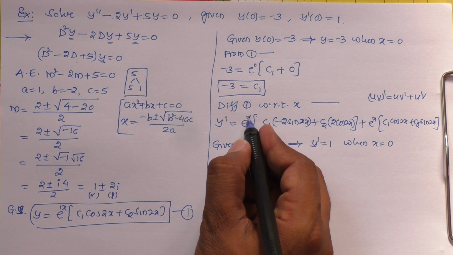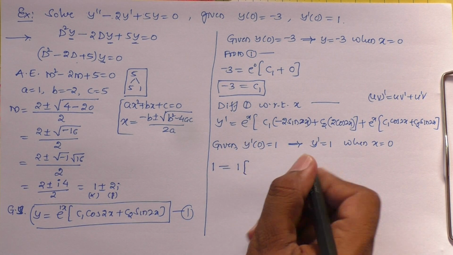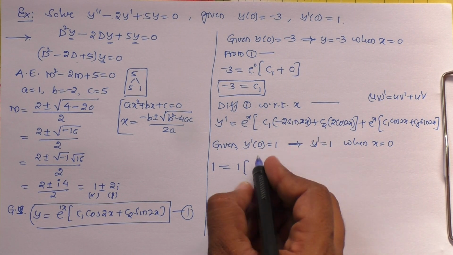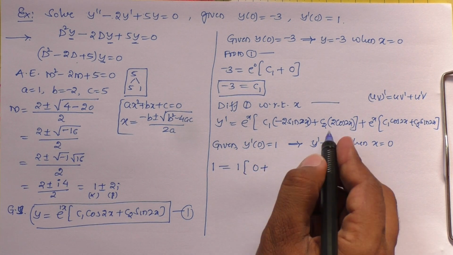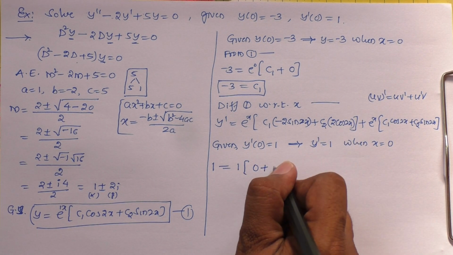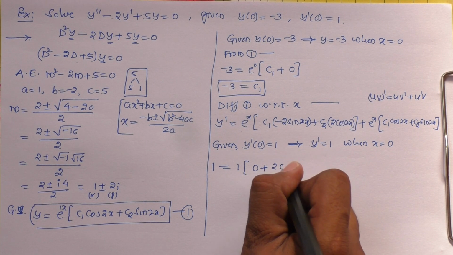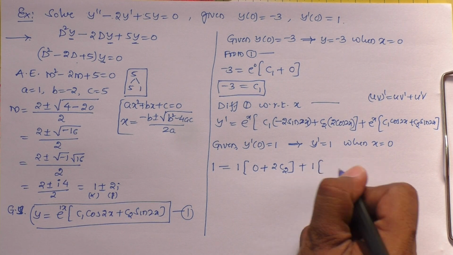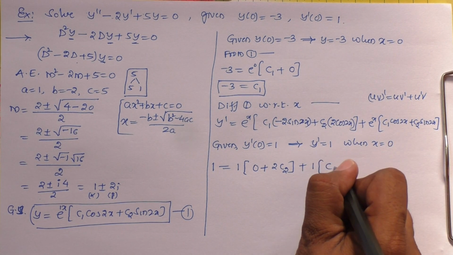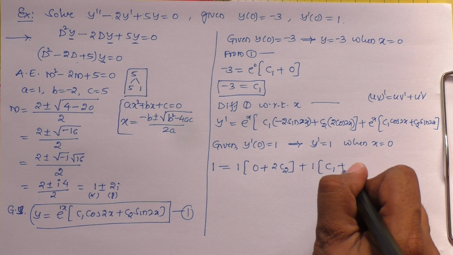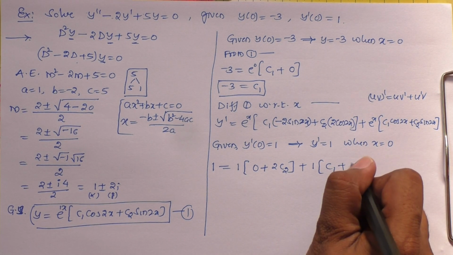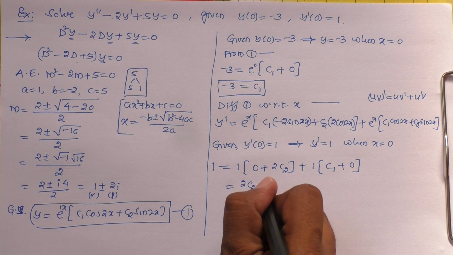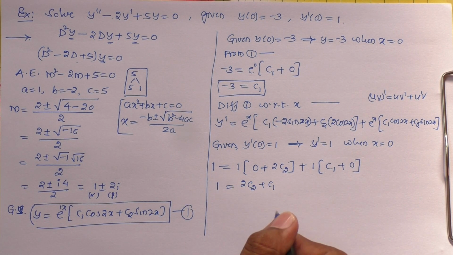Substitute x = 0: e^0, which is 1, into bracket c1 sin 0, which is 0, so the first term is 0, plus 2c2 into cos 0, which is 1, so 2c2, plus e^0, which is 1, into bracket c1 cos 0, which is 1, plus c2 sin 0, which is 0. So here we get 2c2 + c1 = 1.